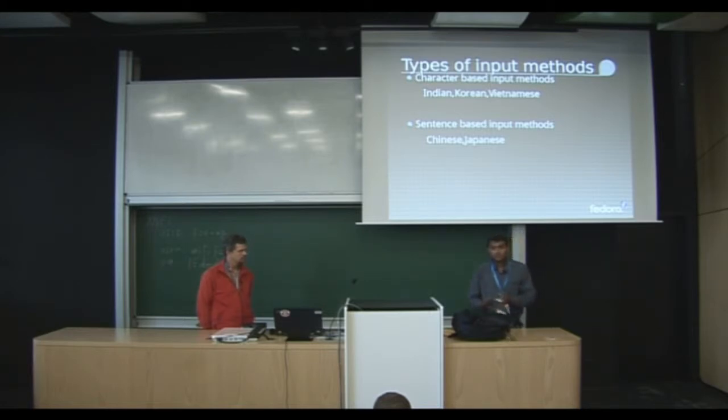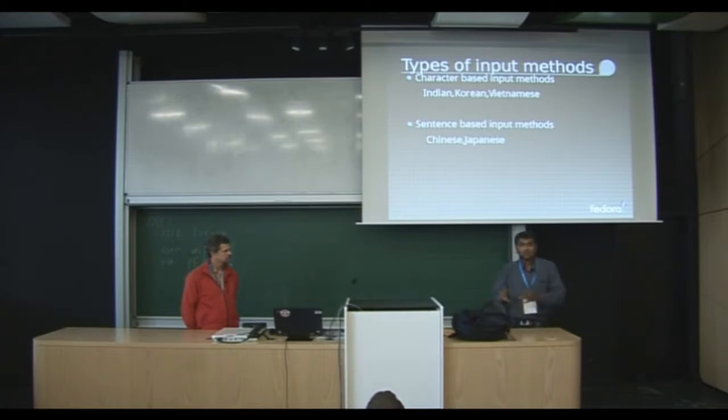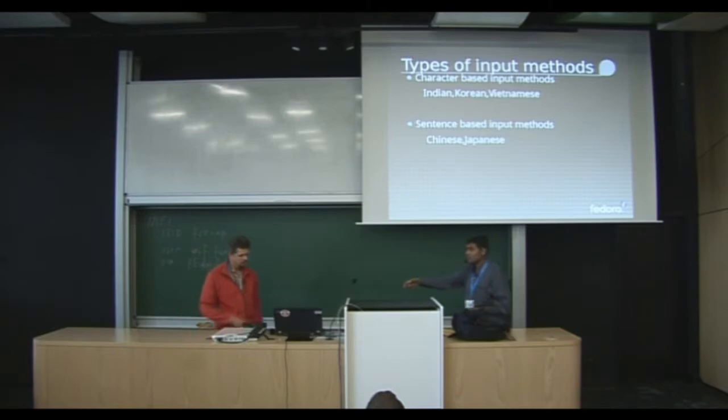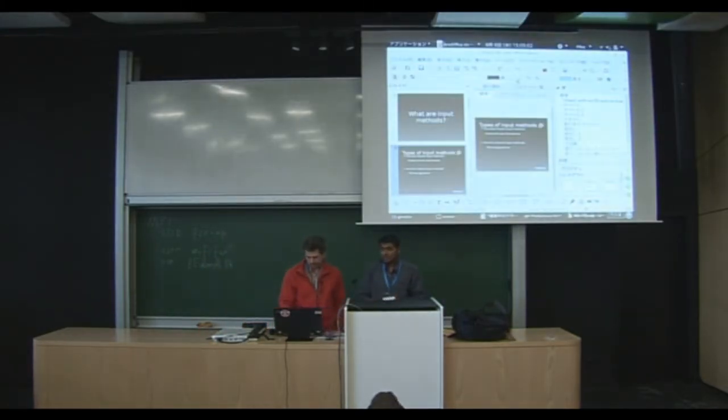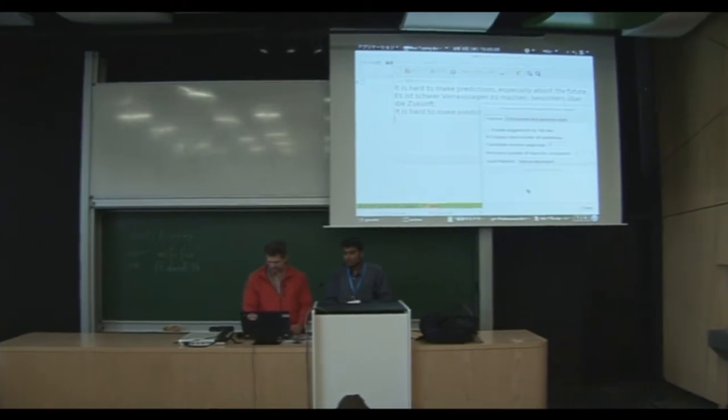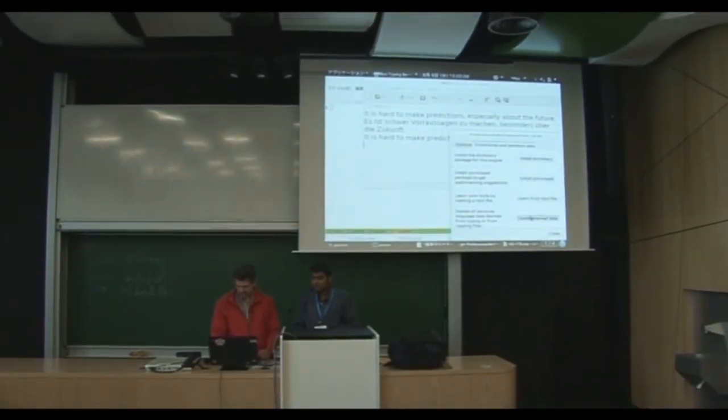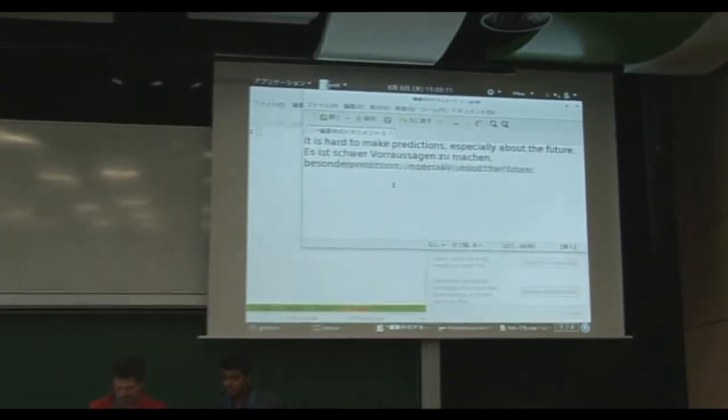So what the user generally does is type certain characters, say ABC, and then press the space key, after which he gets different kinds of suggestions, out of which he can choose the probable candidates or probable words. Maybe Mike can demonstrate so that you feel what I'm trying to say.